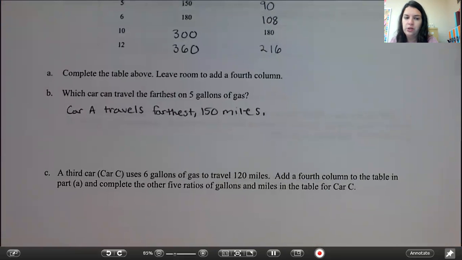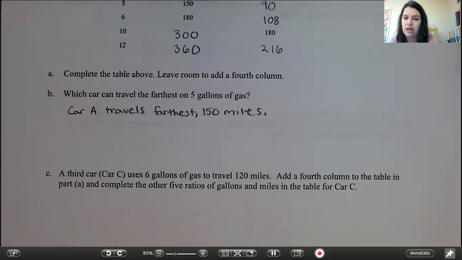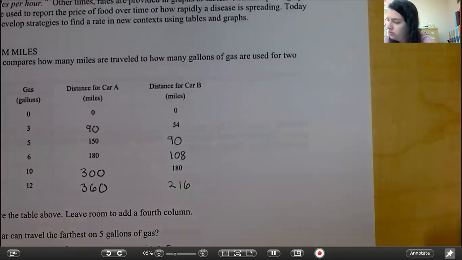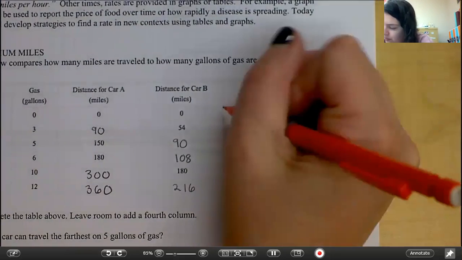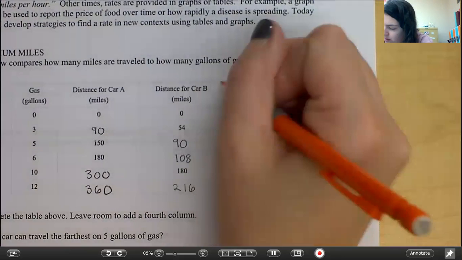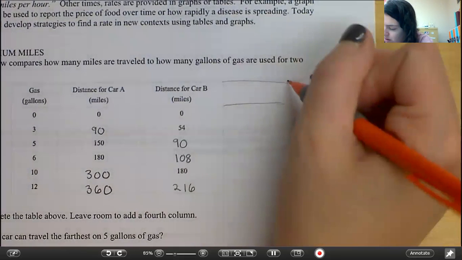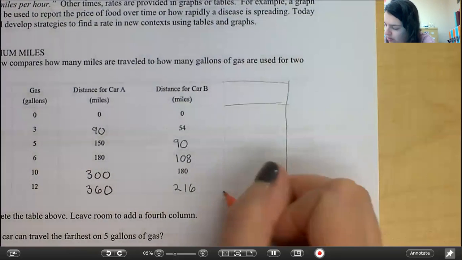Part C says a third car, car C, uses 6 gallons of gas to travel 120 miles. Add a fourth column to the table in part A and complete the other 5 ratios of gallons and miles in the table for car C. So we're going to come up here, add on our table.